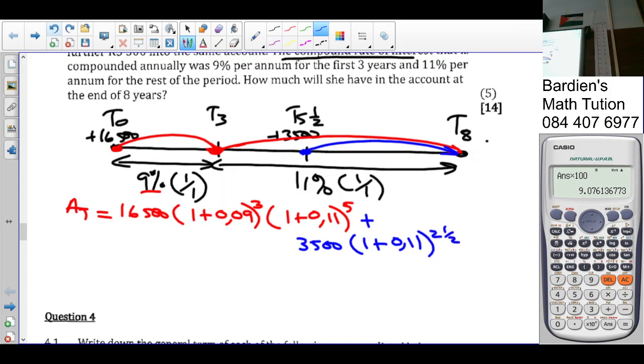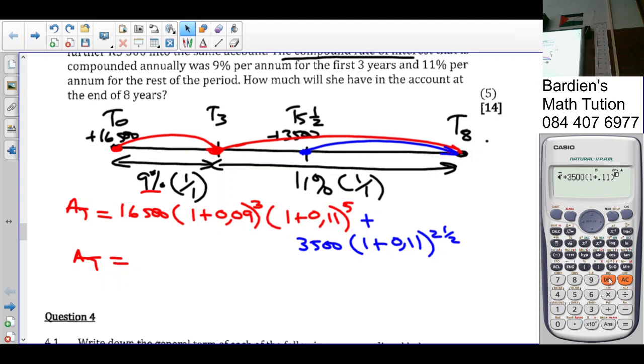So this will now give us the 8-year total: 16,500 into 1 plus 0.09 to the exponent, not 2 but 3, times 1 plus 0.11 to the exponent 5, plus 3,500 into 1 plus 0.11 to the exponent 2.5.